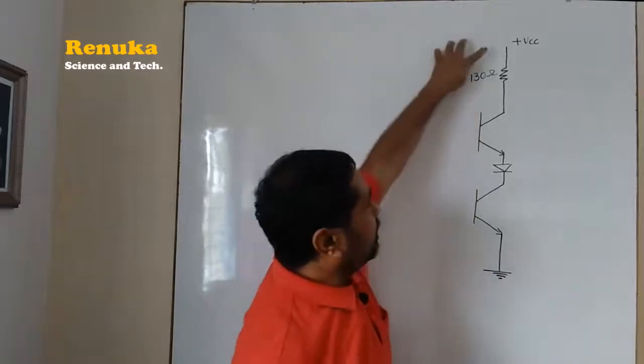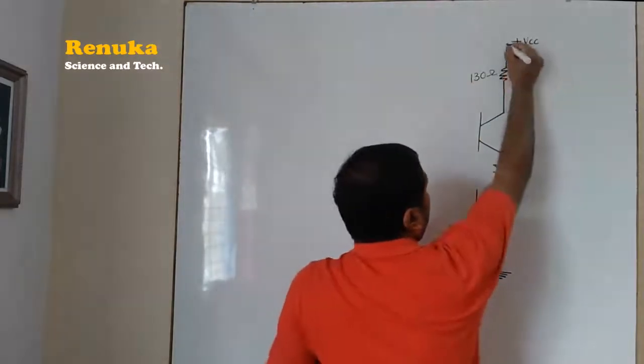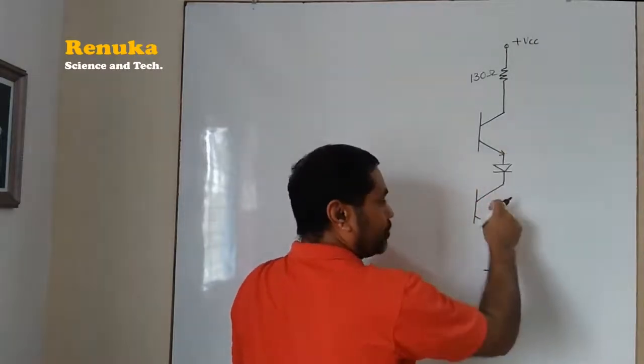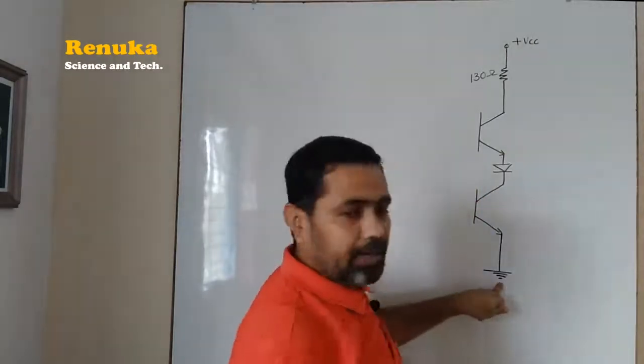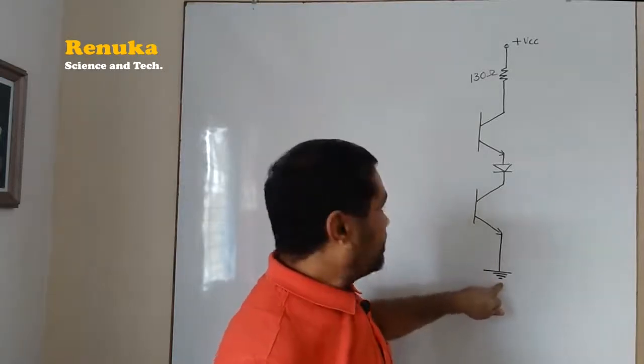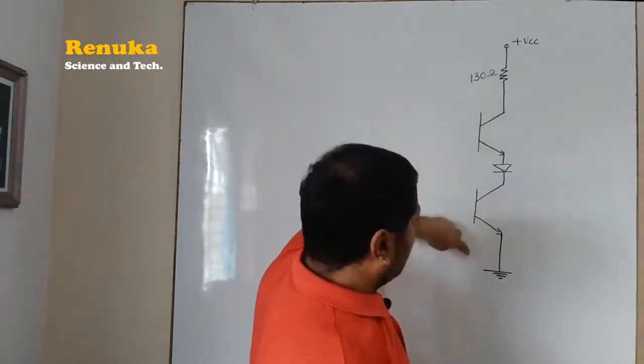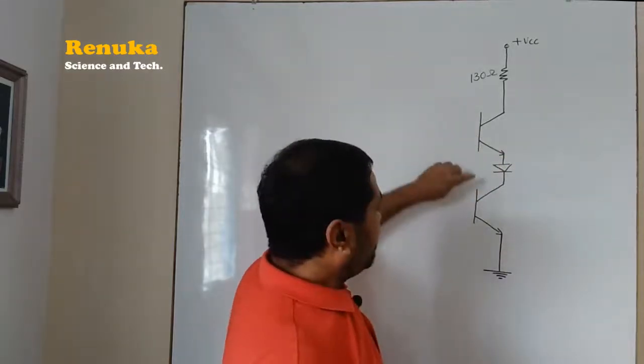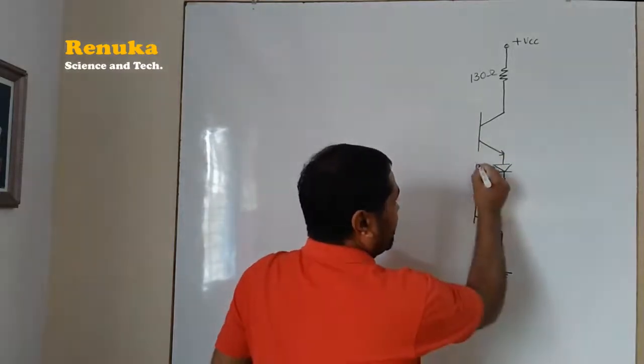The current will enter through these two transistors and emit at the ground potential. You can find that these two transistors are in series, and in between them there is a diode.